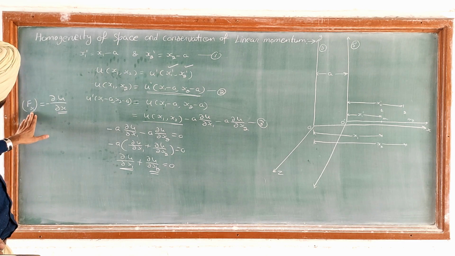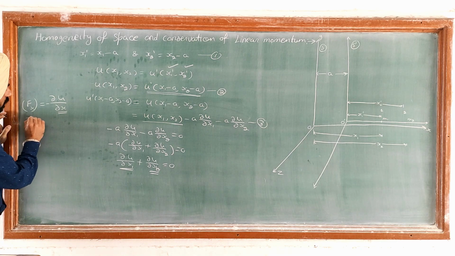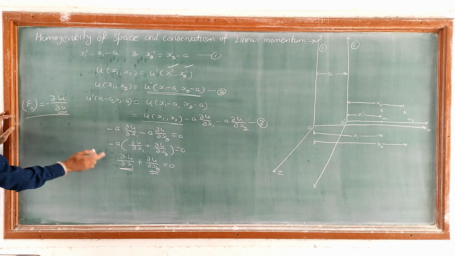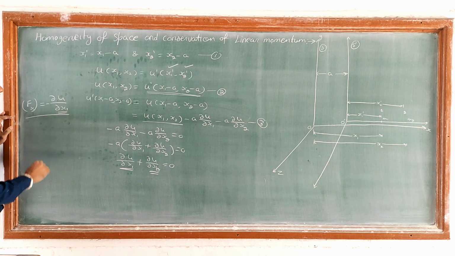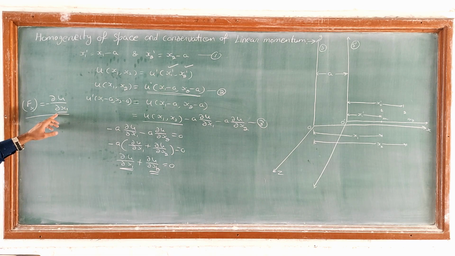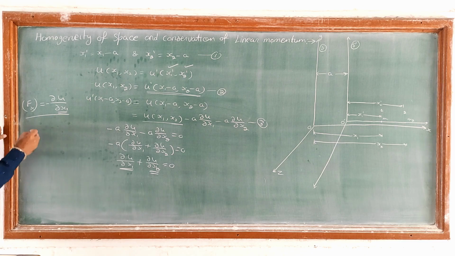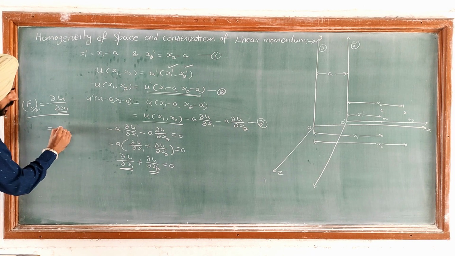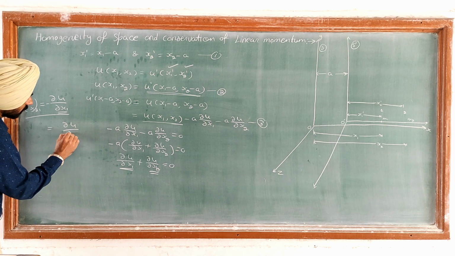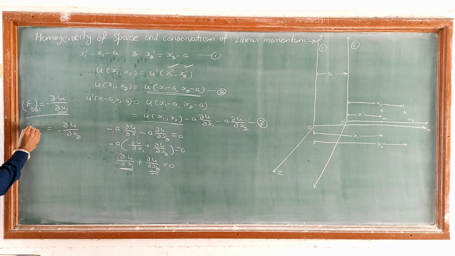So I will substitute this value, Fx equal to minus ∂U/∂x. Now in this equation it is x1, so I will write it as Fx21. What is this 21? 21 represents the x component of force on particle 1 due to 2, and I will write the term ∂U/∂x2 with negative sign as Fx12.